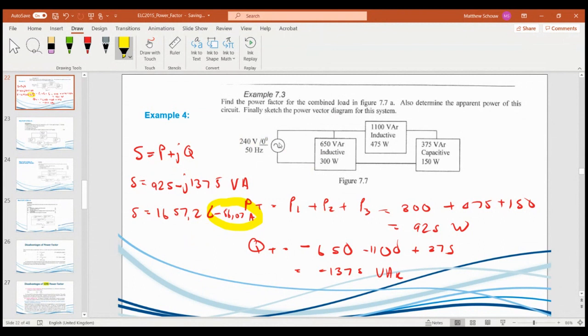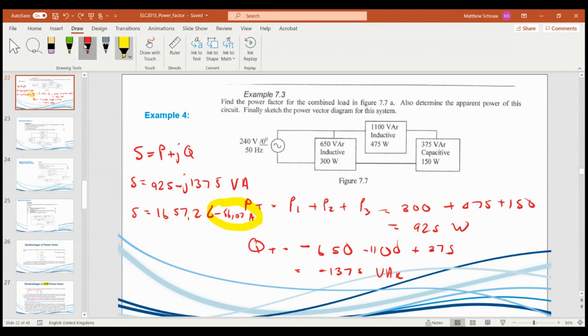What this also means is that the supply itself is pushing out 1657 volt amps, and at each load, whether that's a motor or some capacitive bank, the inductive loads consume reactive power, and the capacitor generates reactive power. Over here it consumes minus 650, it consumes 11, and the capacitor generates. So in essence, our voltage supplies 1657.2 volt amps.